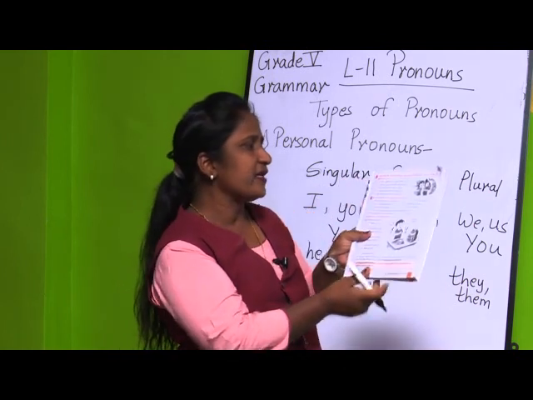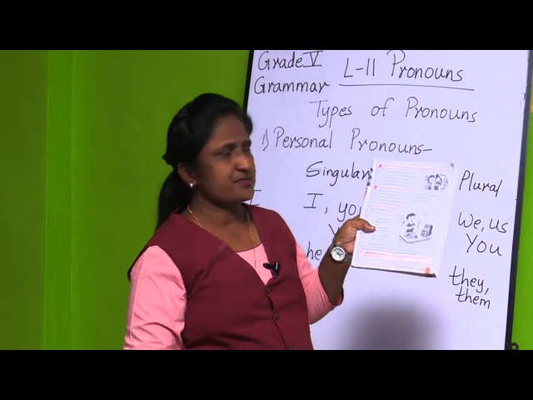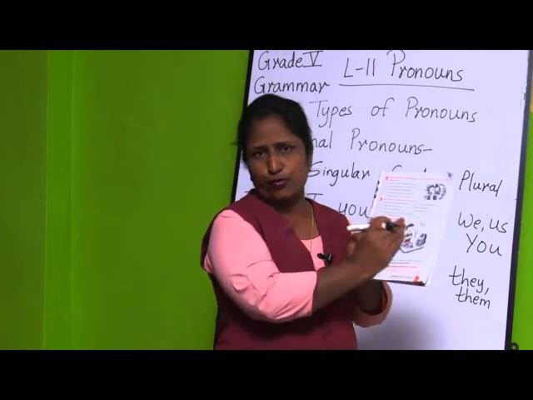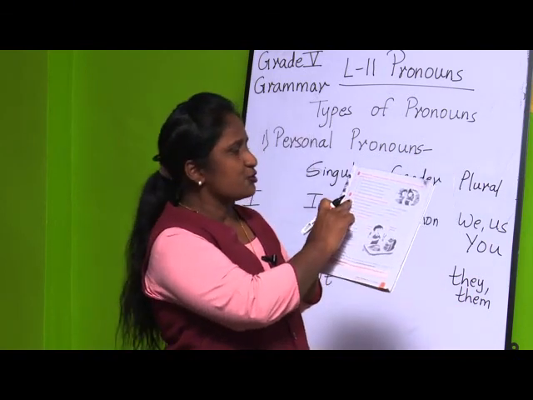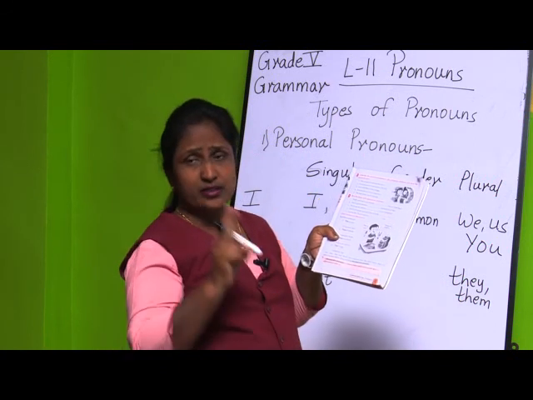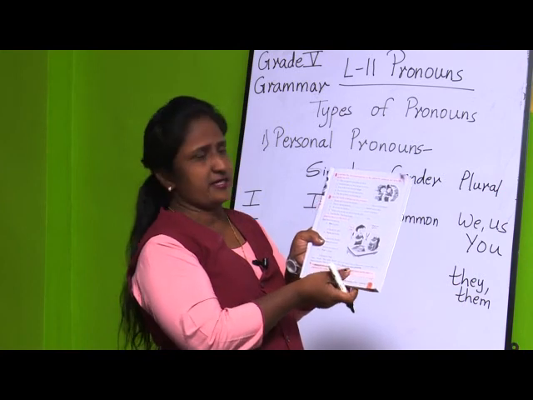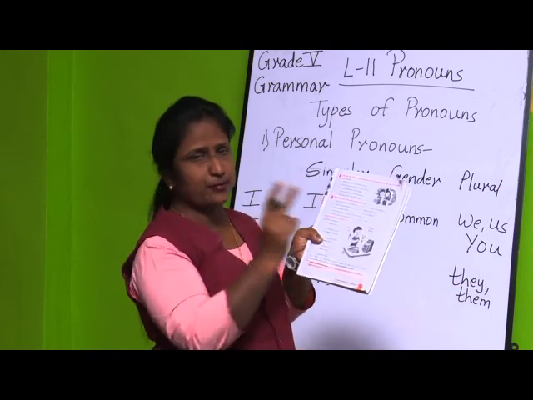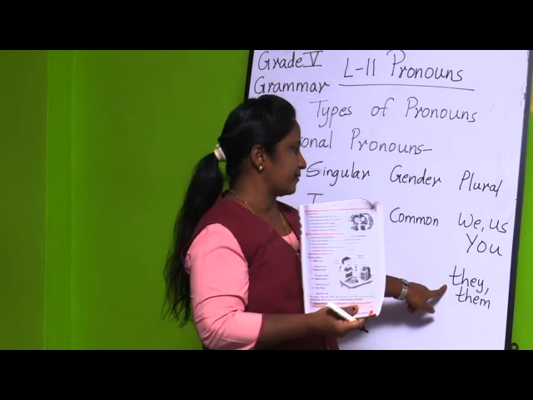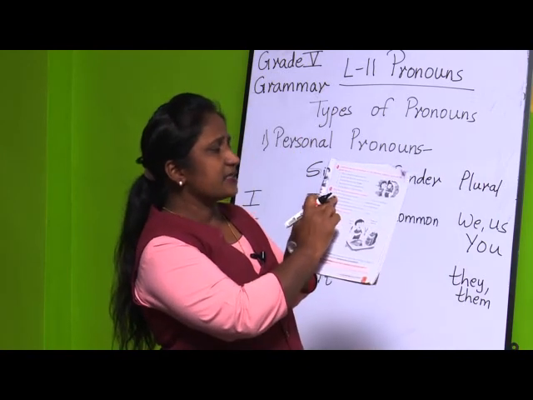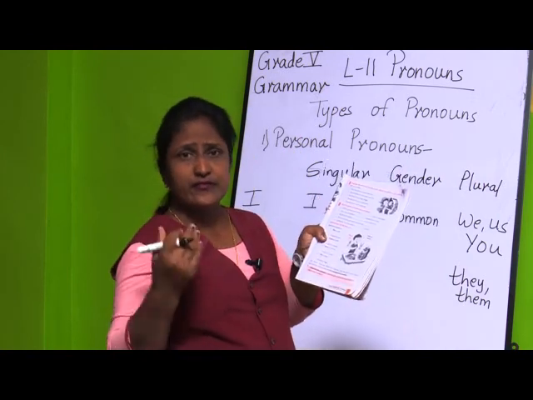Now, B, fill in the blanks with appropriate pronouns. Here you are going to use the pronouns according to the sentences. Shubh and Manoj are friends. Now, here they are plural. So, what word you are going to use here? Yes, they live in Chandigarh, because they are plural. Here, they. Then, Neeta is a good student. Now, Neeta is a female gender.